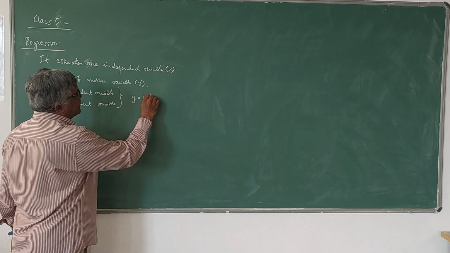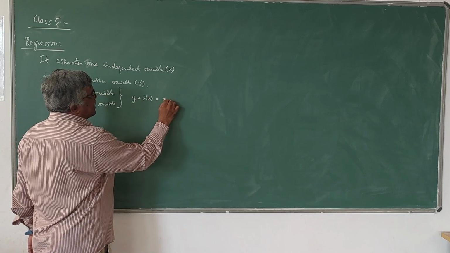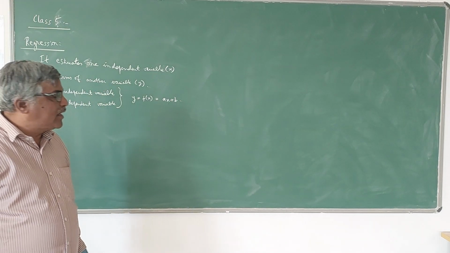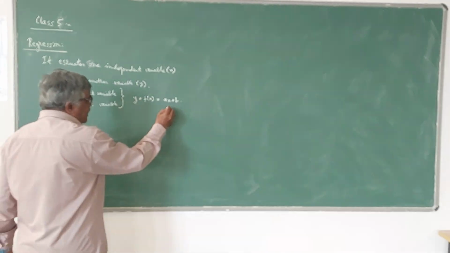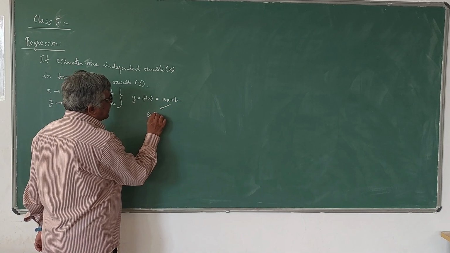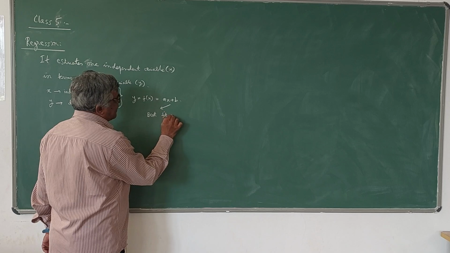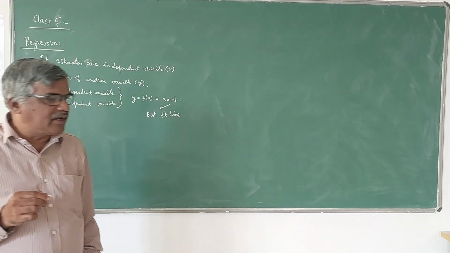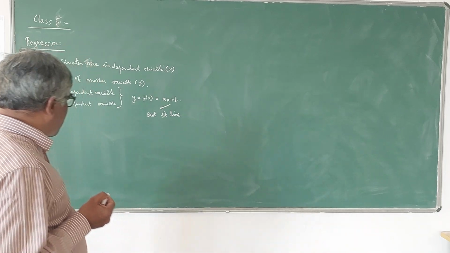If I take this f of x as ax plus b, so y is equal to ax plus b, you can see that this is a linear equation. So if y is equal to ax plus b represents the best fit line, how to fit the best fit line we have done using the method of least squares.